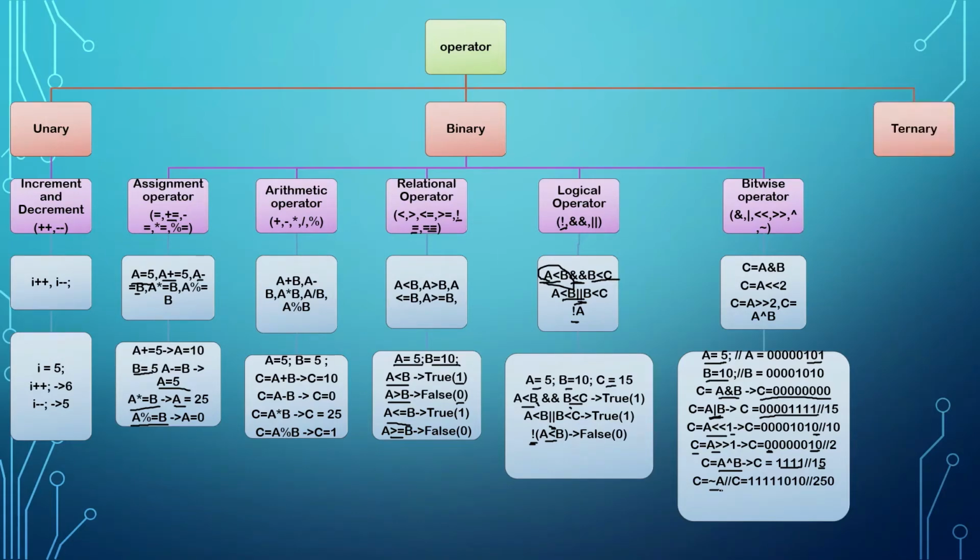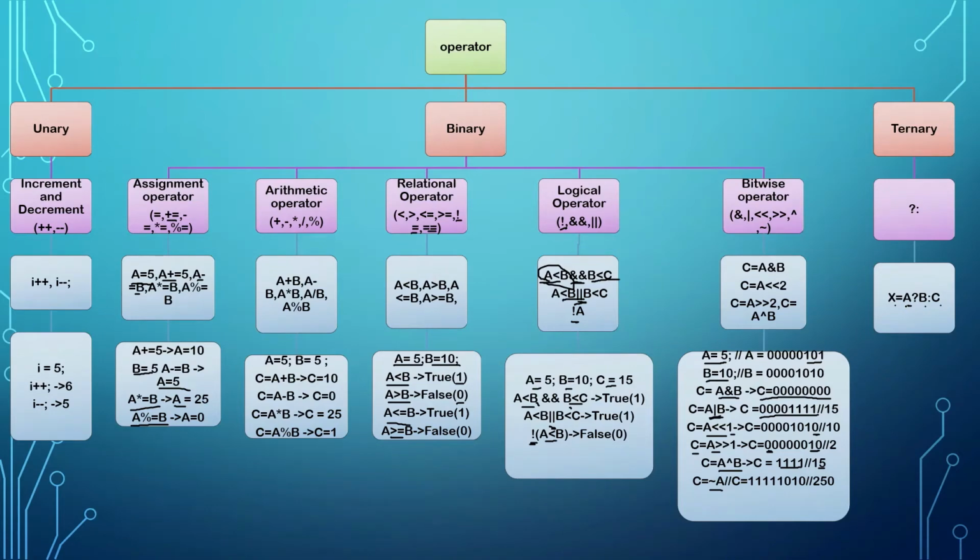So next is the ternary operator. Ternary operator means we are going to operate on three variables. That is x equal to a question mark b colon c. What is this? a is a condition.